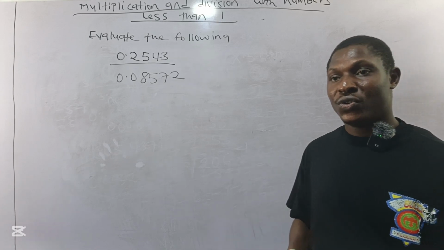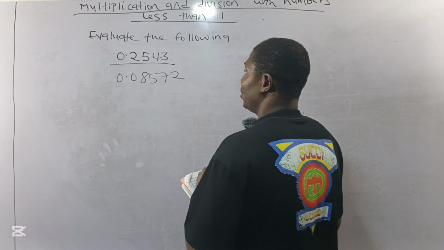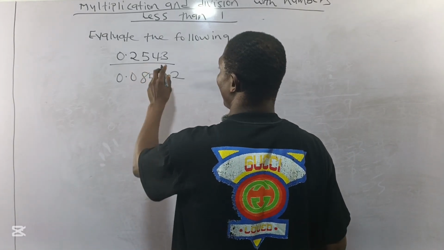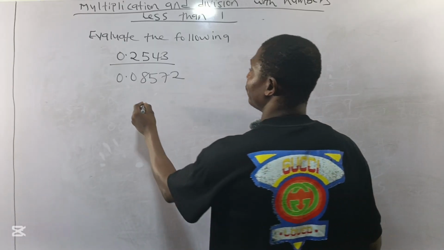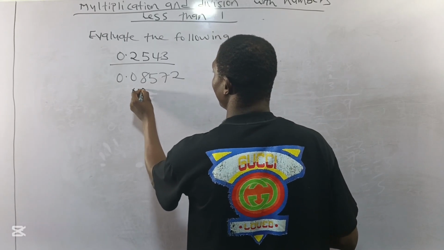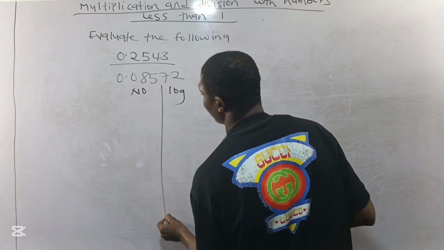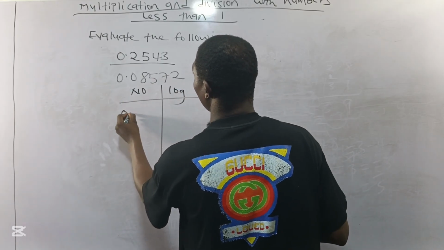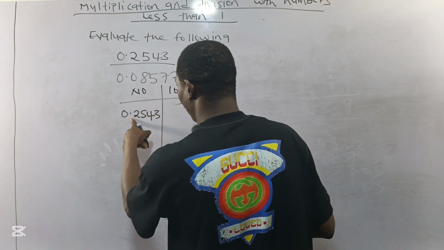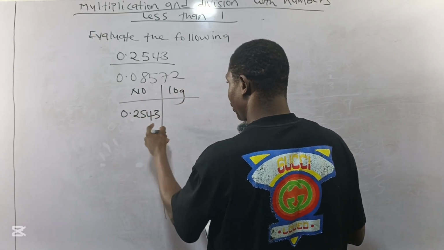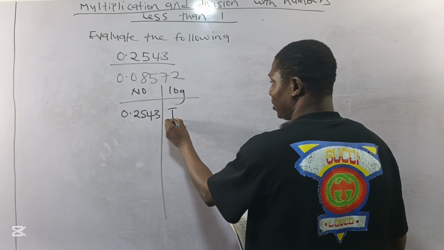We have another question on our list, which is evaluate 0.2543 all over 0.08572. So let this be our number and this be our log. This is 0.2543. We have a 0 before the real number, so we have bar 1 as our characteristics.